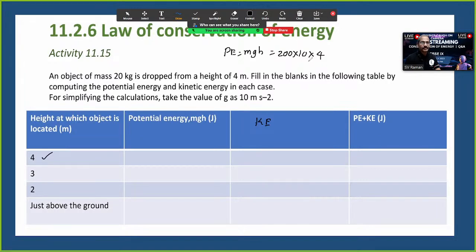Sorry, it's not 200, it's 20. Mass is 20. So 200 into 4, 800. 800 is the potential energy.